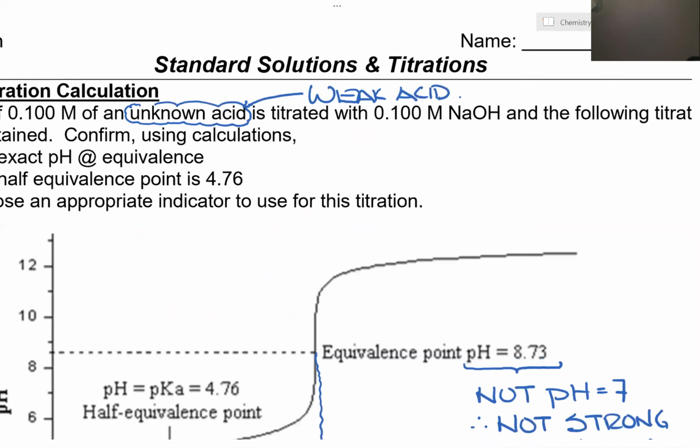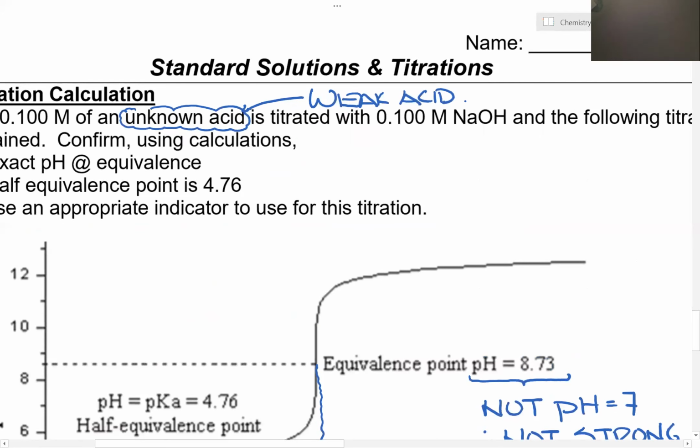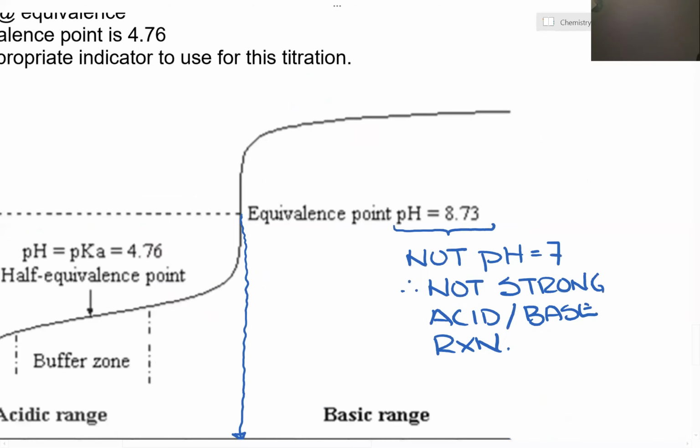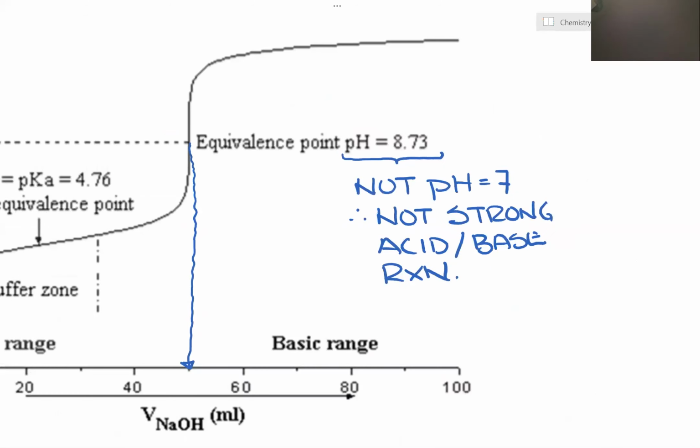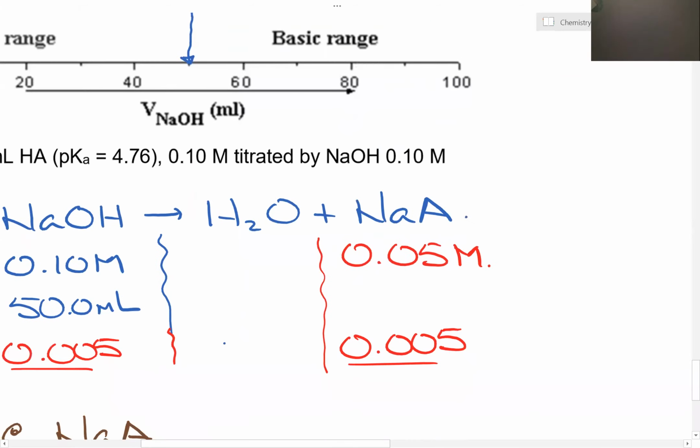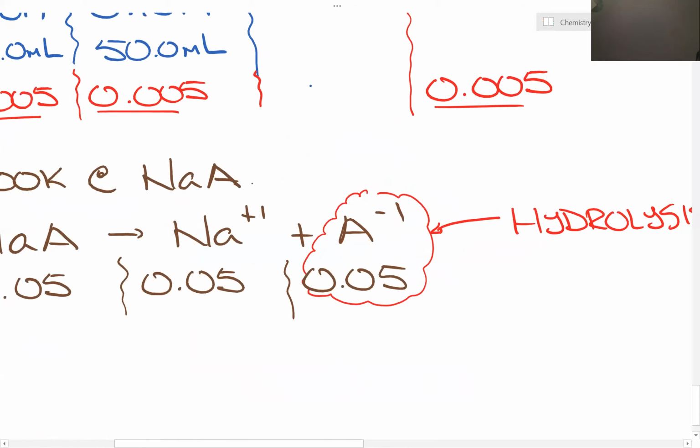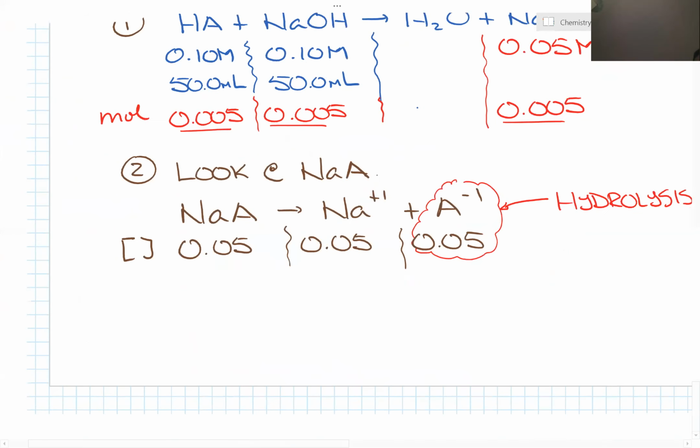Remember, any conjugate salt from a weak acid will hydrolyze. The other way is by looking at the pH. Since the pH is 8.73, something must have hydrolyzed. In this case, it is A minus 1.